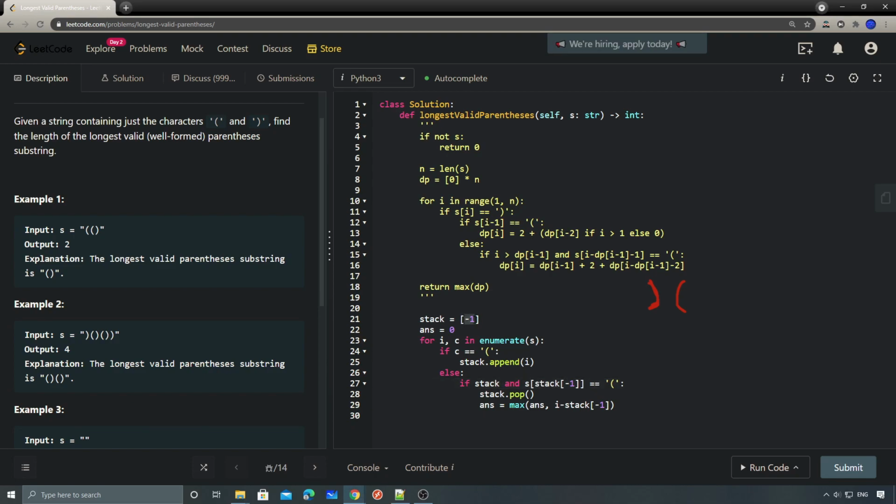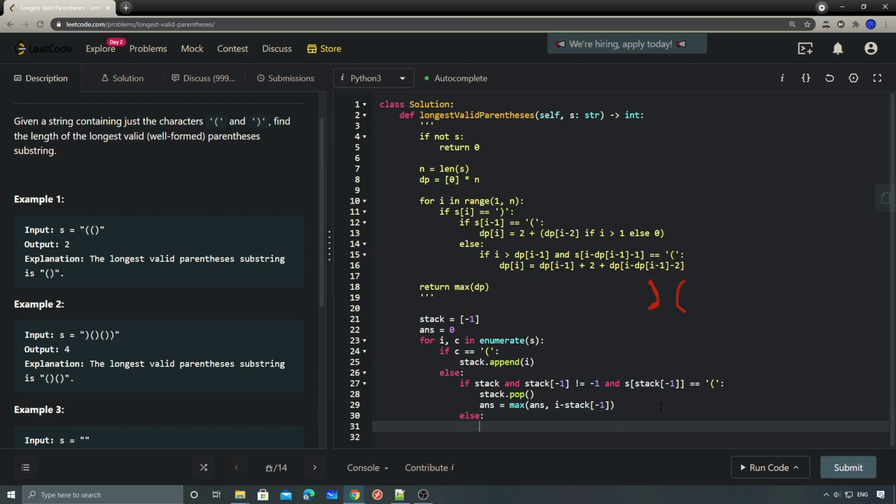Since we have a -1, the -1 is not a valid index. That's why when we check this index, I'm also adding another condition here: the top one of the stack is not -1. With this, we can be sure that it's a valid index.